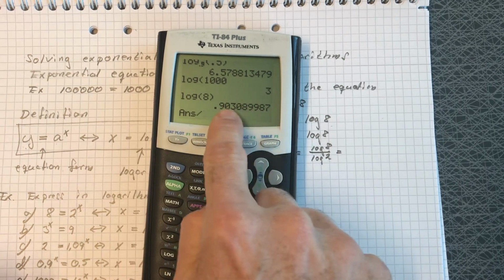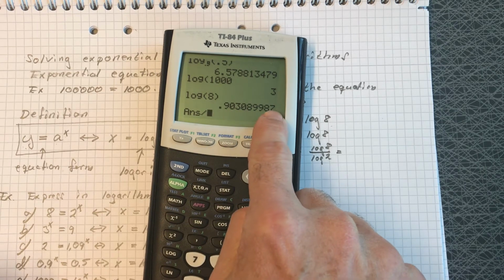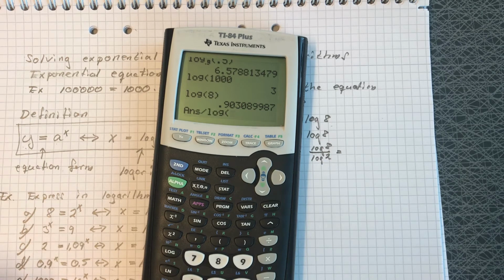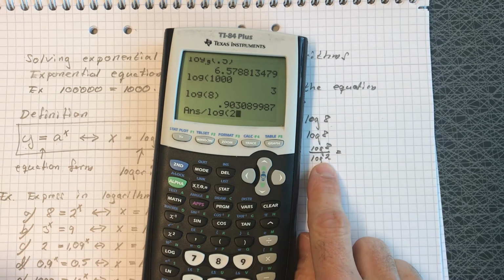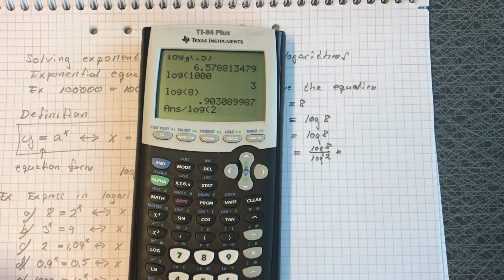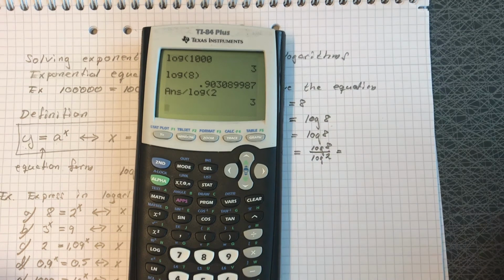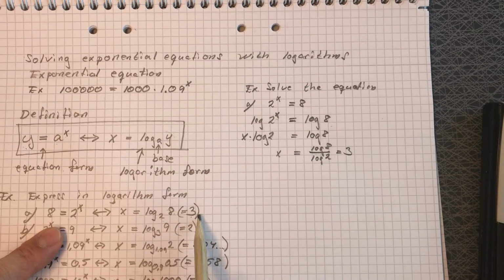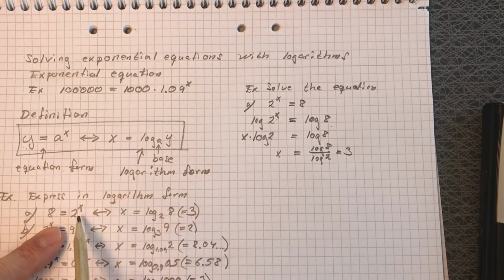Answer is this old number with all the digits. Divided by, and then I press log of 2, because I had log of 2 here. And then I press enter. And it's 3, just as we said it would be. 2 to the power of 3 is 8.